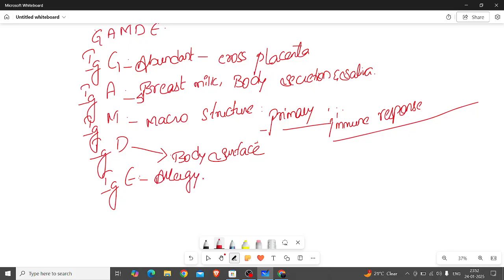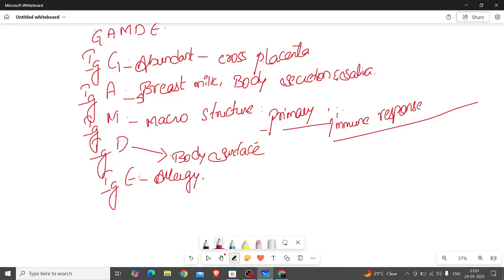Has any one of you ever heard about the hypersensitivity reaction? What do you mean by hypersensitivity reaction? For example, if we take one small drug and inject it into some person, and the person's body doesn't fit to the drug, what happens? Immediately the person's face will become red and an immediate reaction will be seen. So what does it show? An allergic reaction.